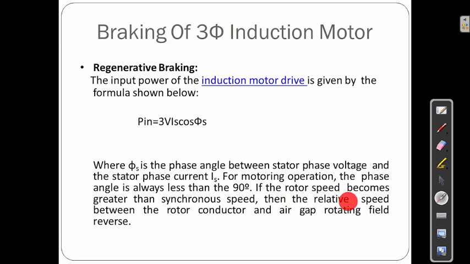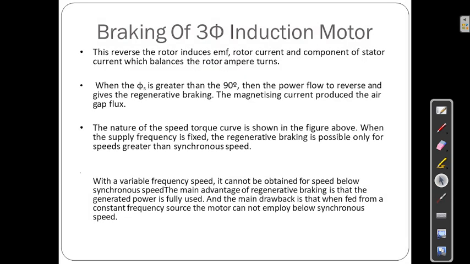If the rotor speed becomes greater than the synchronous speed, then the relative speed between the rotor conductor and the air gap rotating field gets reversed. Then this reverses the rotor induced EMF and the rotor current component of the stator current, which balances the rotor armature turns.